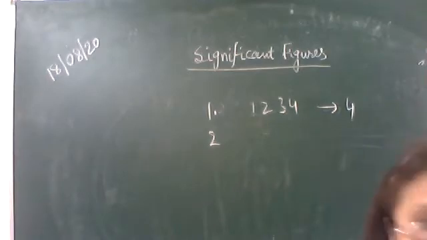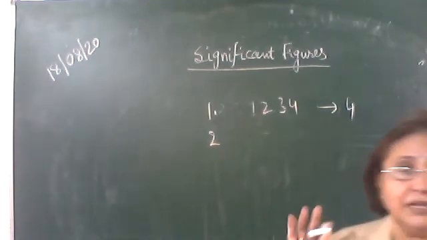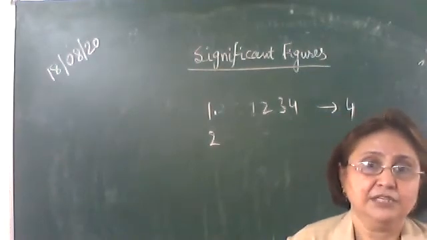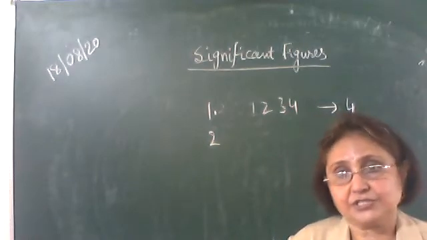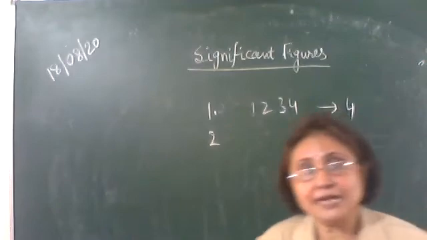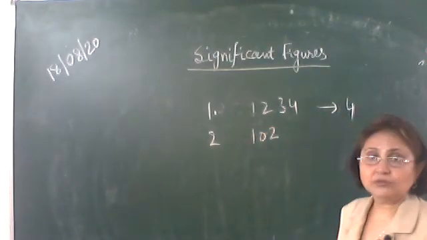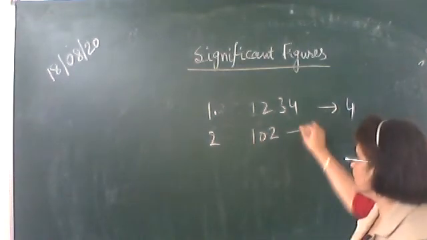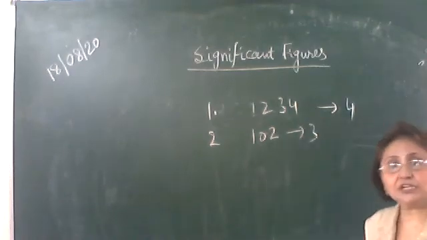So if the zero is coming between two non-zero digits, whether there is a decimal in that measured value or there is no decimal, then that zero has to be considered significant. For example, 102. Now this 0 is lying between two non-zero digits. So this 0 will be considered significant. So the number of significant figures here are 3.